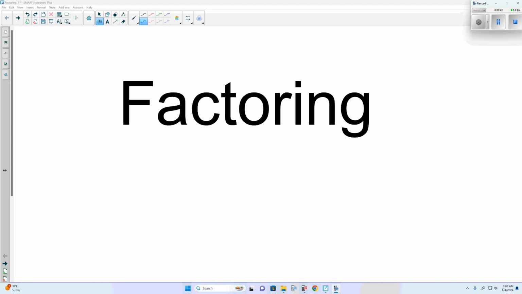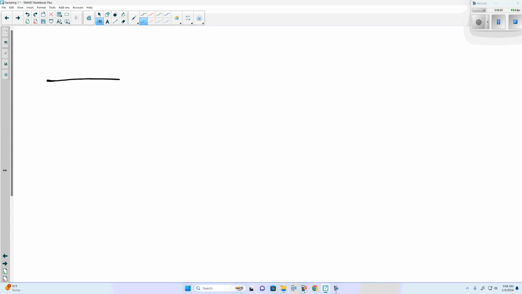Now, the main reason we're doing factoring again is because when we start solving rational equations, factoring is a key part of it. Because when we look at a rational equation, and you don't have to write this down because we're not going to cover this at this point.